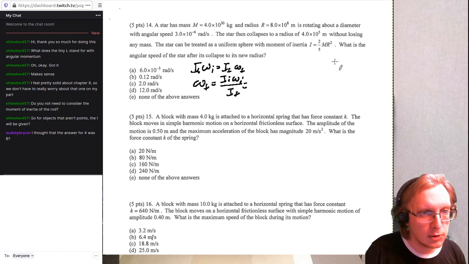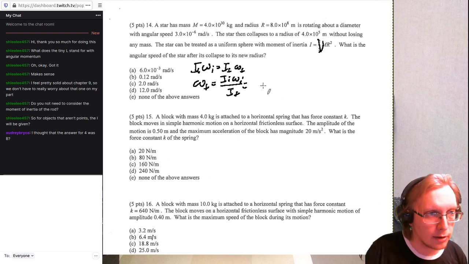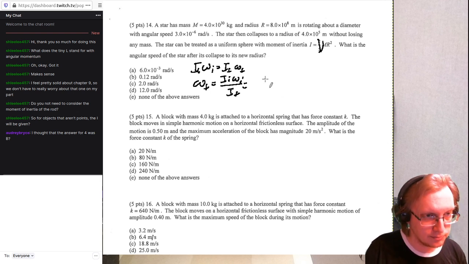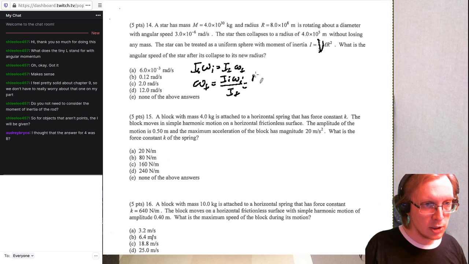All right, well, I got 2/5 on top and bottom, don't care about those. You got M on top and bottom, don't care about those. It's the R. R squared, actually, is what I'm going to care about today. So it becomes R initial squared omega initial divided by R final squared.